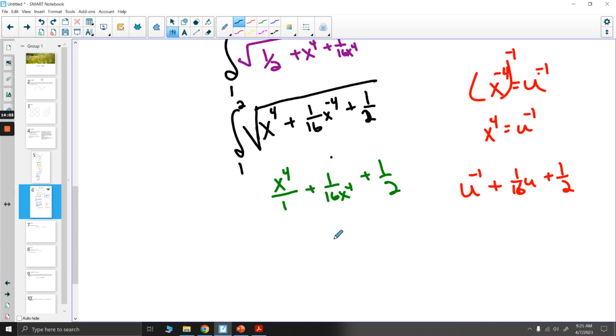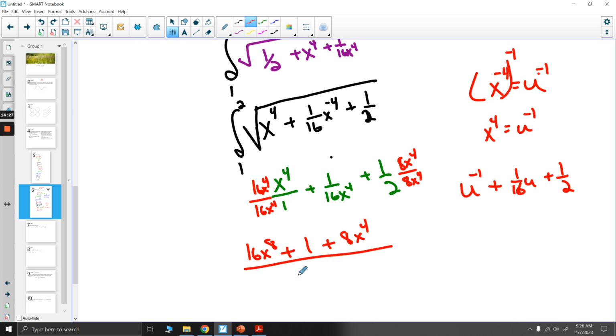So 16x to the 4th would get common denominators between all of these. This needs a 16x to the 4th top and bottom. This needs an 8x to the 4th. So we end up with 16x to the 8th plus 1 plus 8x to the 4th. That's a little bit better, all over 16x to the 4th, and that's inside our square root.